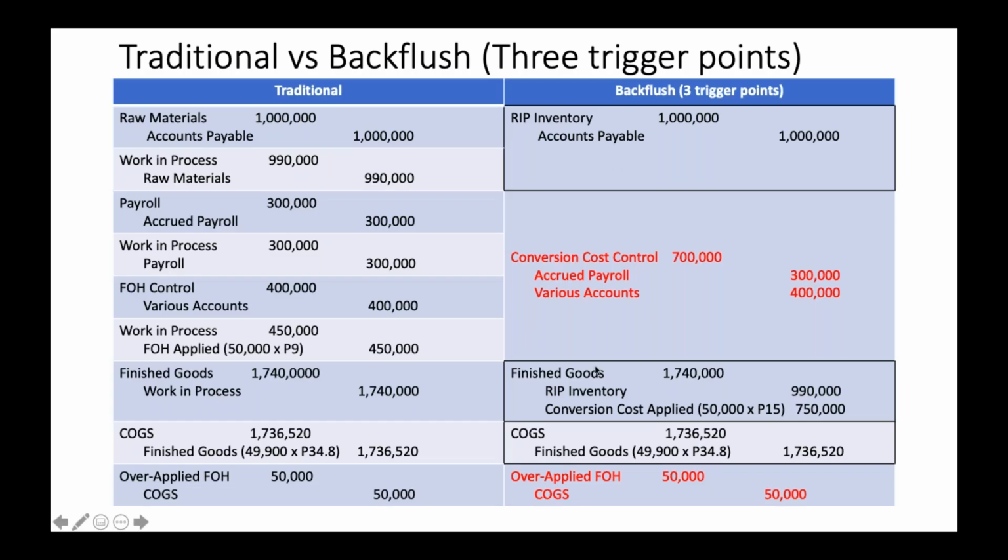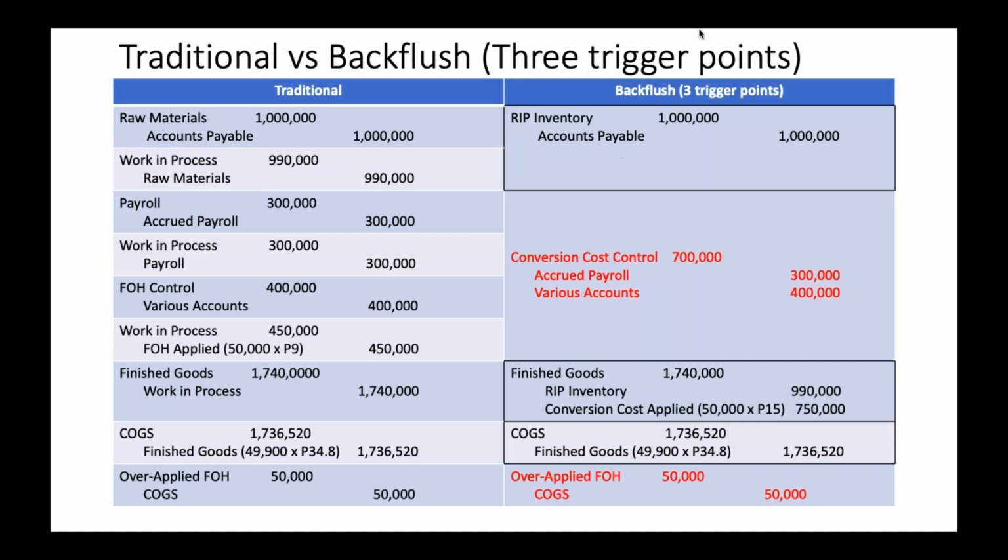Upon purchase, instead of debiting raw materials and crediting accounts payable, the entry will be debit raw and in-process inventory, 1 million, credit accounts payable.